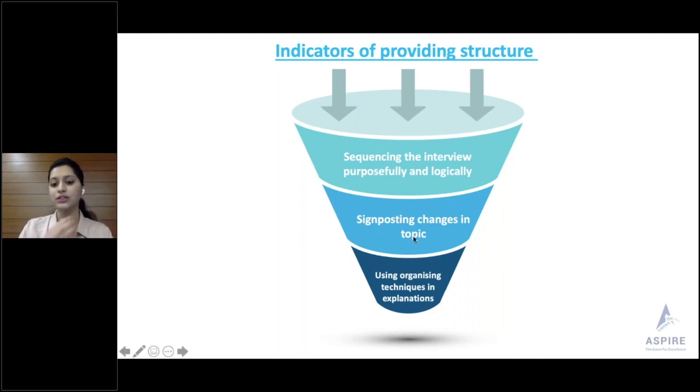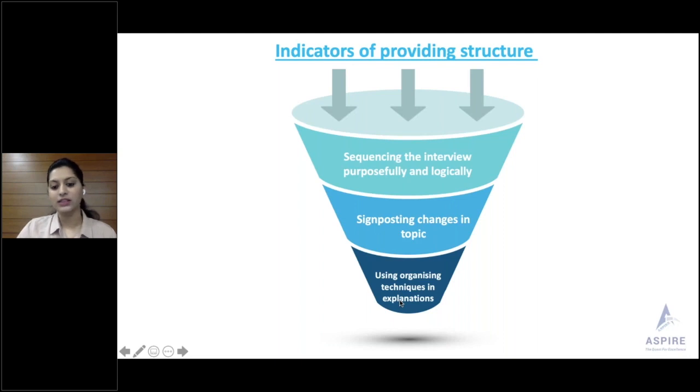Signposting changes in topic. I think this comes under another criteria as well, because I just discussed it. Whenever you're changing a topic, it's always good to signpost so that you don't take the patient by surprise. They know what you're about to ask them, and even their mind will be well prepared to give you those answers.